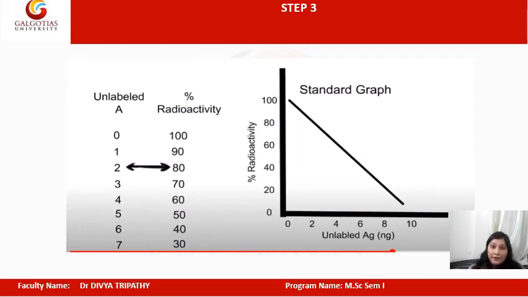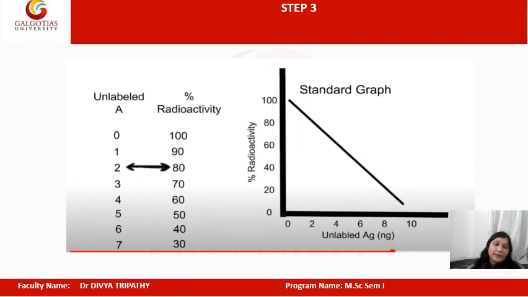What will happen? Now we have more unlabeled antigen in our solution, so more competition takes place between unlabeled and labeled antigen, and there will be a greater decrease in the radioactivity of the microtiter plate, right? Suppose in this step we find 80% radioactivity, meaning 20% has decreased.